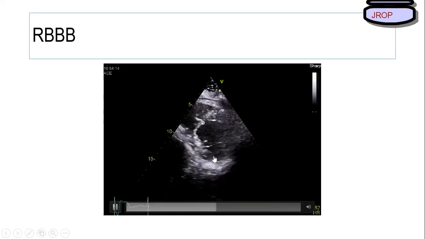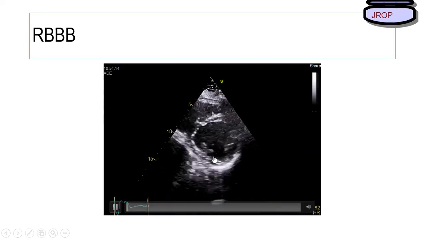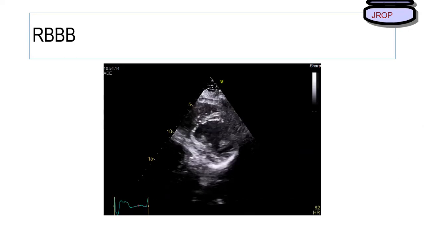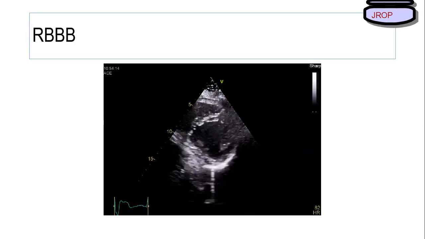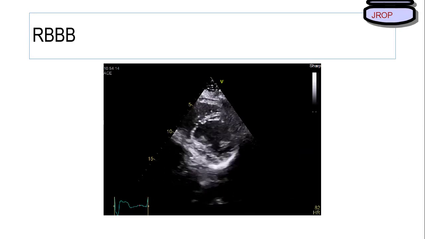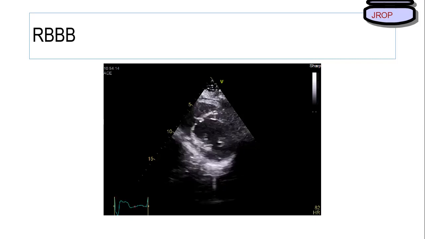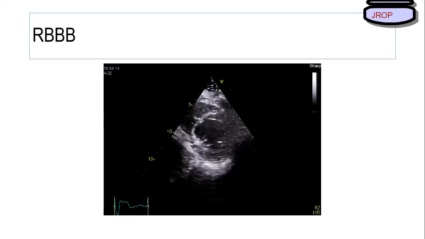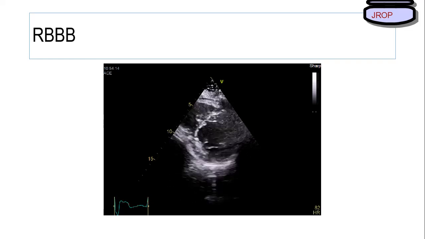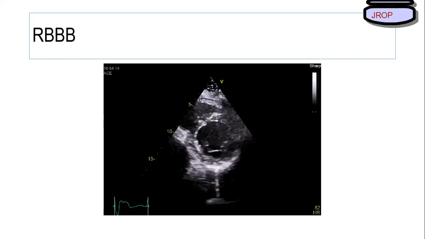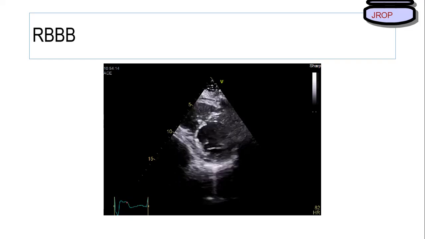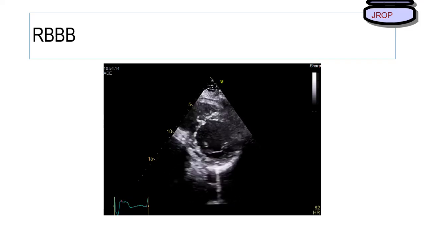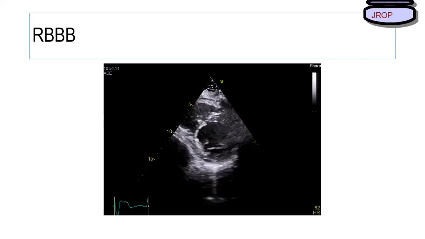So you have to angulate your transducer a little laterally so that you get rid of the plax window. You have to angulate your transducer slightly towards the left shoulder. Okay, sir, I will try.